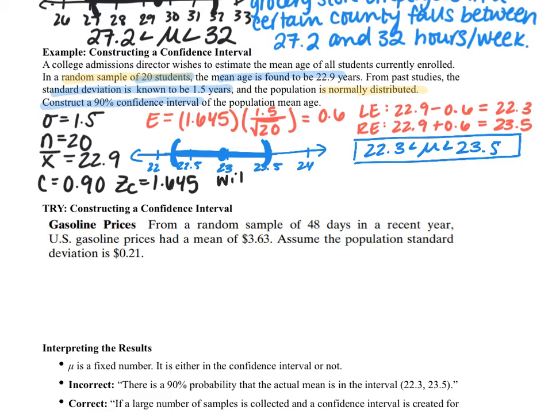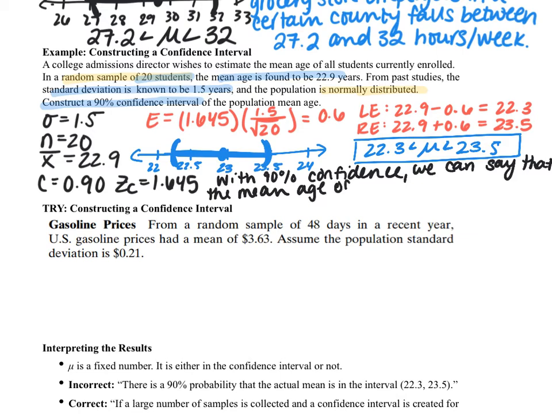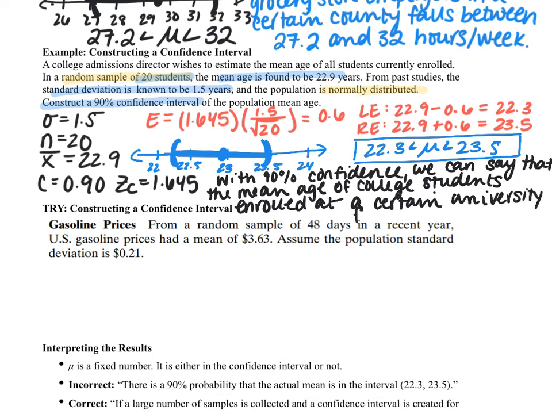We would say with 90% confidence, we can say that the mean age of college students enrolled at a certain university falls between 22.3 and 23.5 years. Okay?